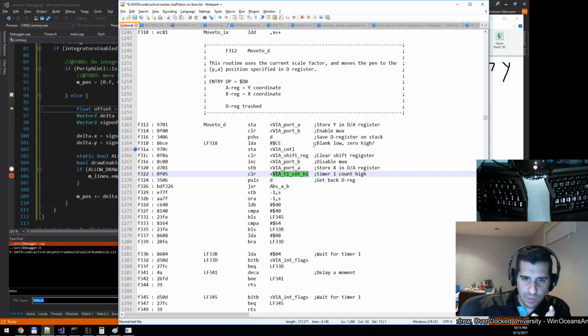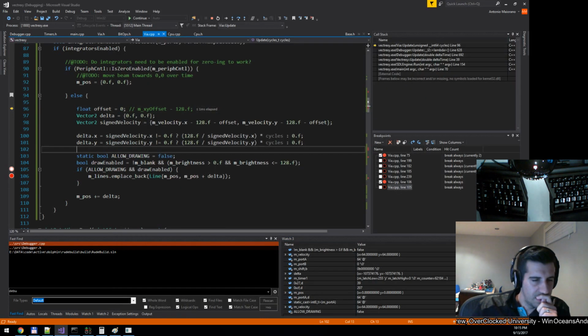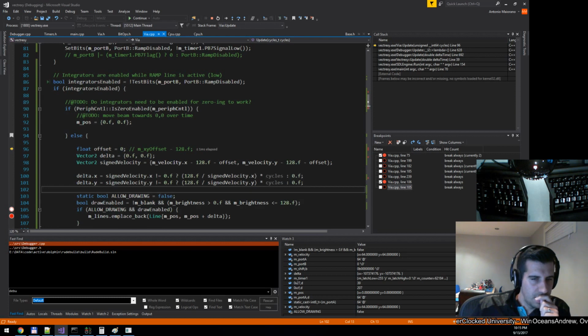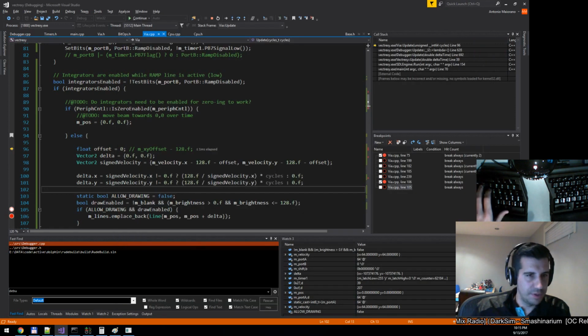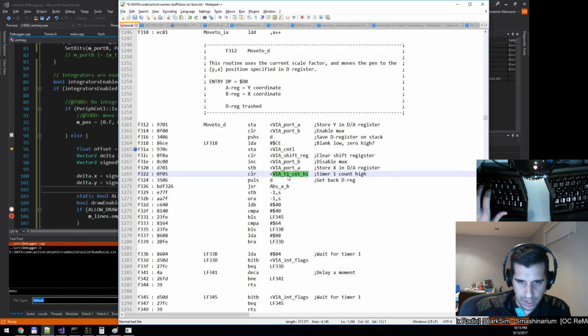Okay, the ramp should be disabled. The ramp should be disabled, and then when we start the timer, the ramp should become enabled. So why is my ramp currently enabled? That's the question. So let me see if I'm right here.